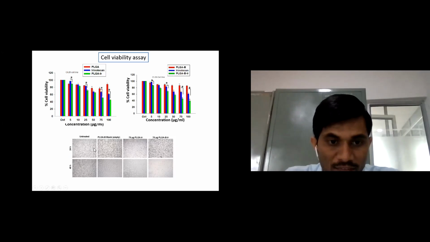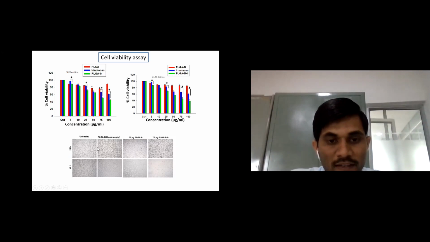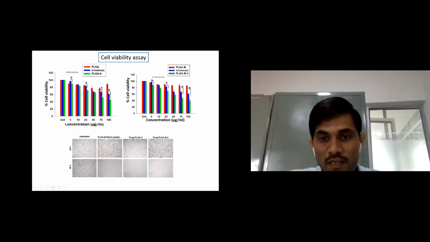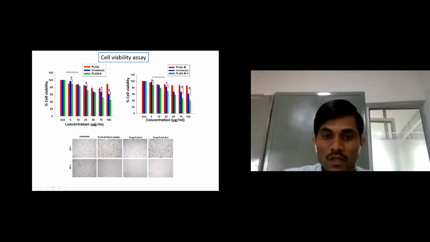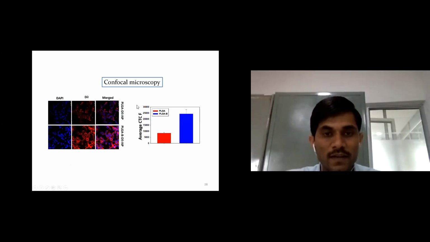Here we can see untreated cells of the CT26 cell line. This is treatment with blank nanoparticles. This is for 75 microgram concentration of irinotecan loaded PLGA and irinotecan loaded PLGA biotin nanoparticles. For these two concentrations, we can see the cells are denucleated and there is a decrease in the population of cells due to the toxicity associated with these nanoparticles.